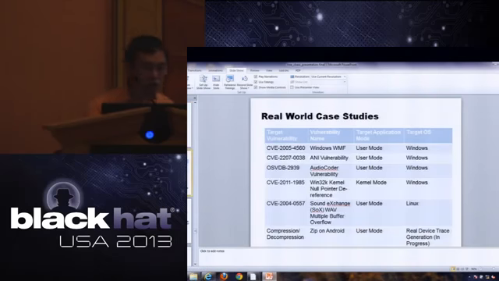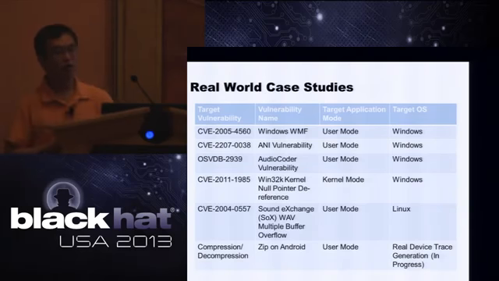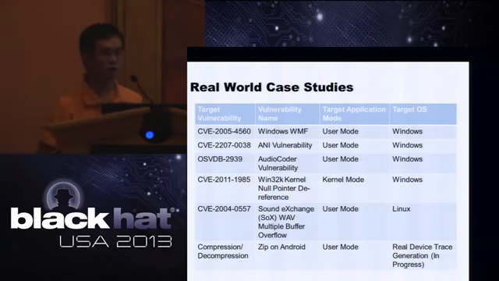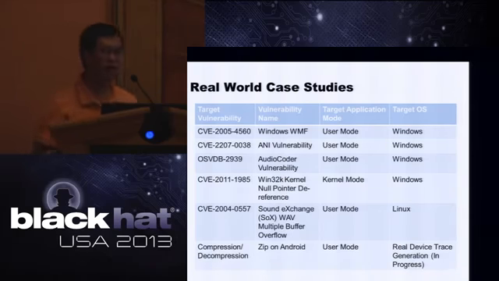So here we already showed you simple running examples to show the concept and approach and how it works. We did a few real-world case studies from different platforms and different types of applications, including the Windows platform where we have the WMF and ANI, all these classic vulnerabilities.